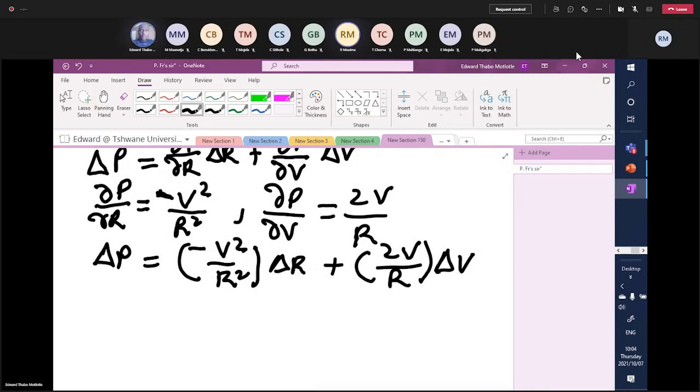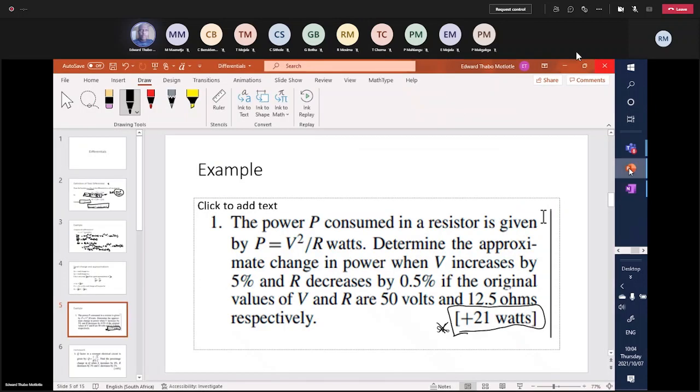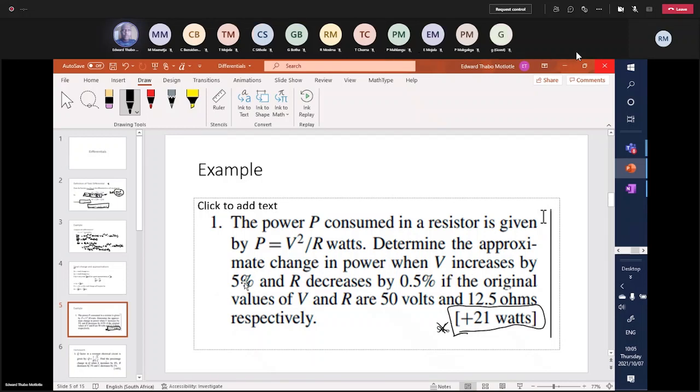I'll go back to the problem again, just to read it again. R decreased by 0.5%, so it is 0.5 over 100 of R, and the voltage is 5%, 5 over 100 of V. So that's what I'm going to use.